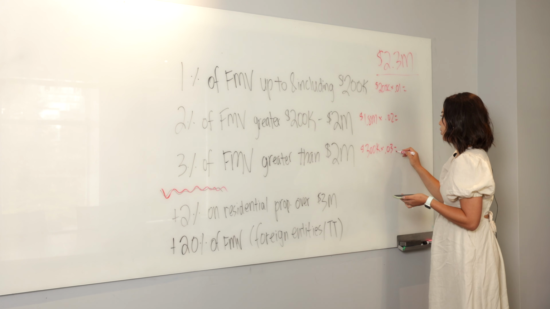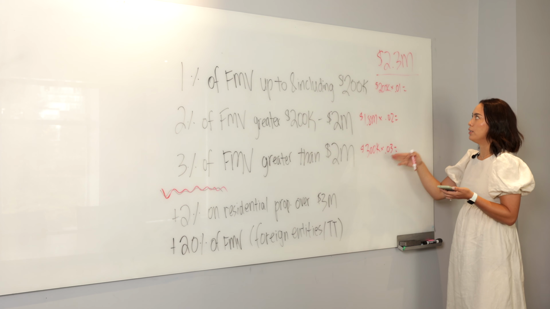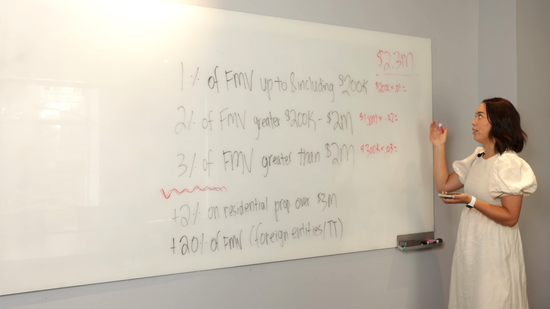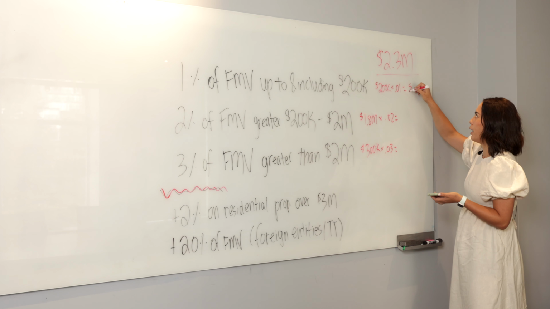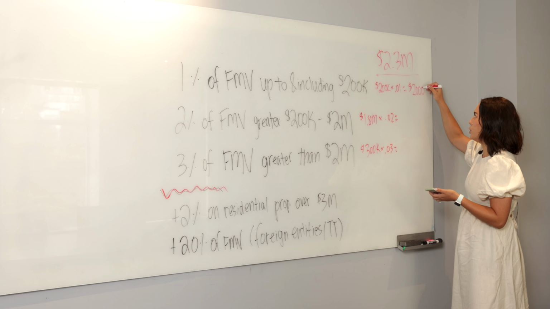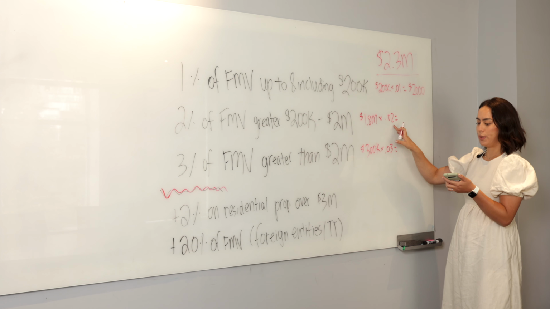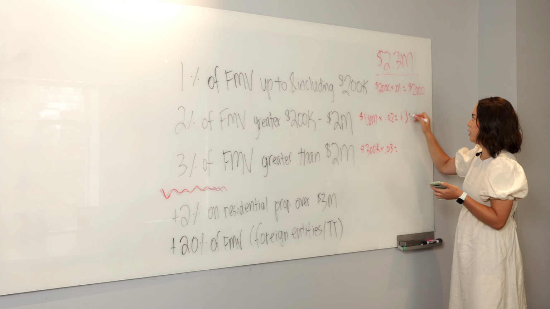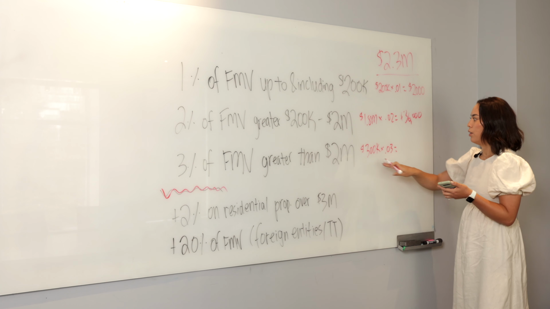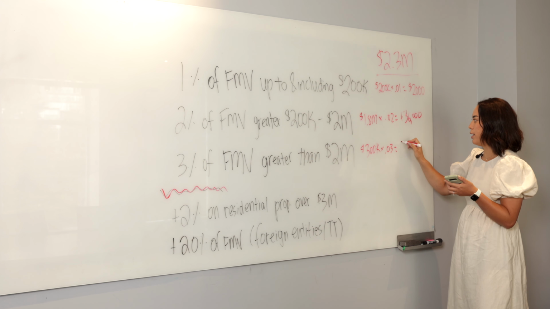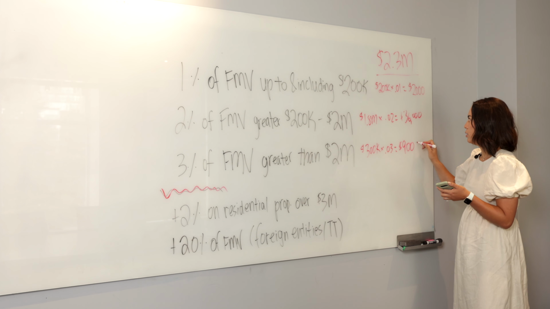So now what we can do is just take each of these calculations and add them all up. So 200K by 1% is $2,000. 1.8 million times 2% is $36,000. 300K times 3% is $9,000.